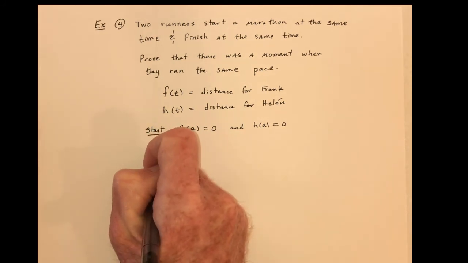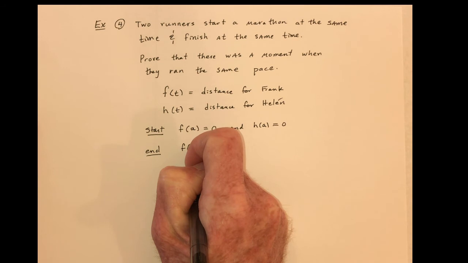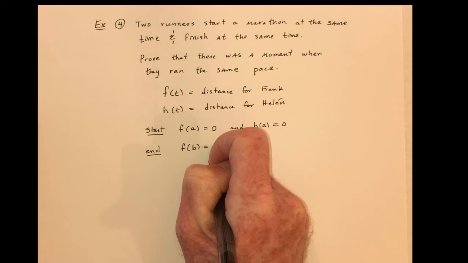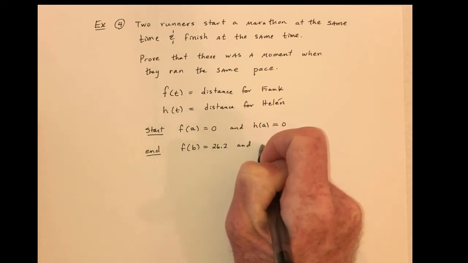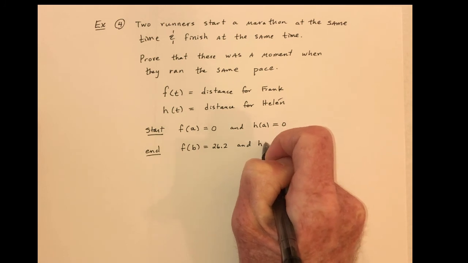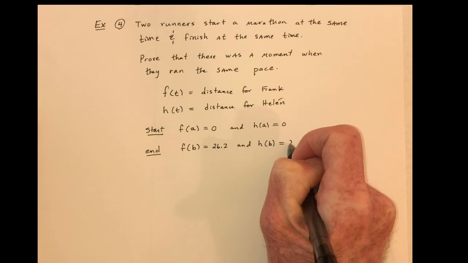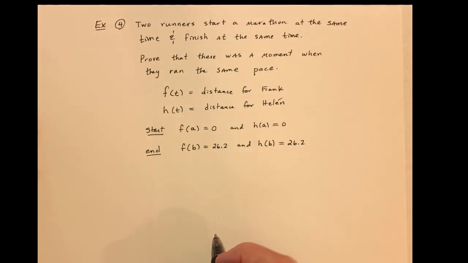Then at the end of the race, Frank, so let's say that it took 3 hours, so that's going to be B. And then a marathon is 26.2 miles. And for Helene, the B is going to be exactly the same because they finished at the same time. And she completed the 26.2 miles.